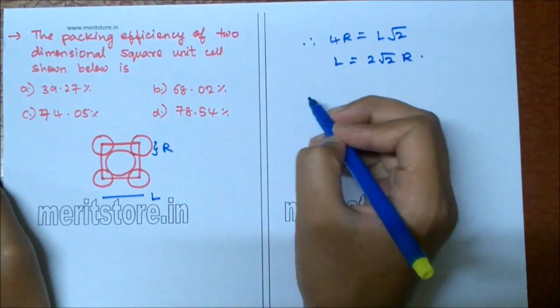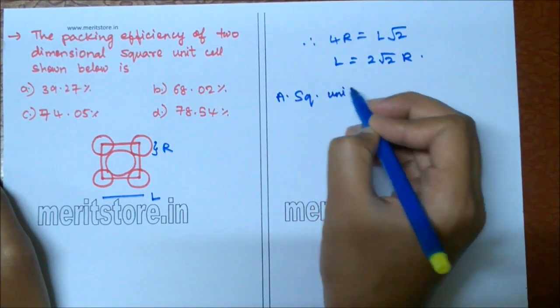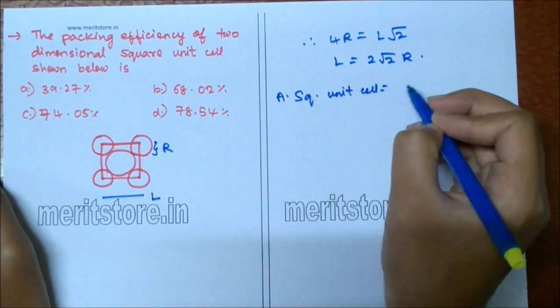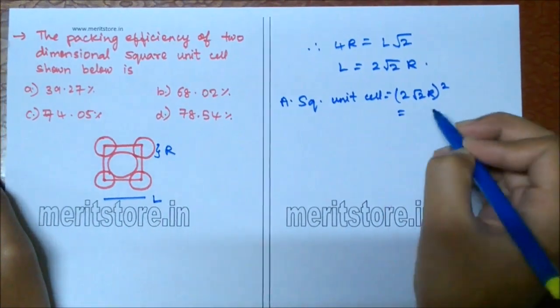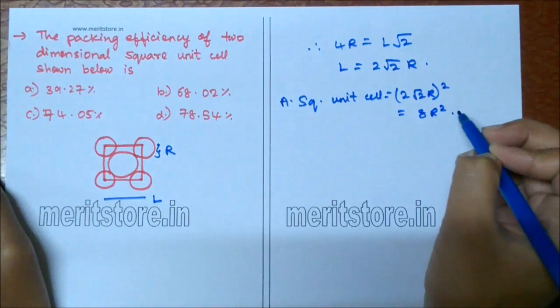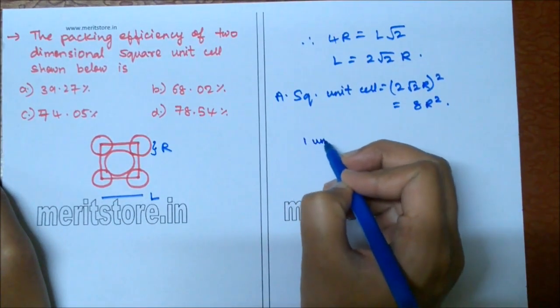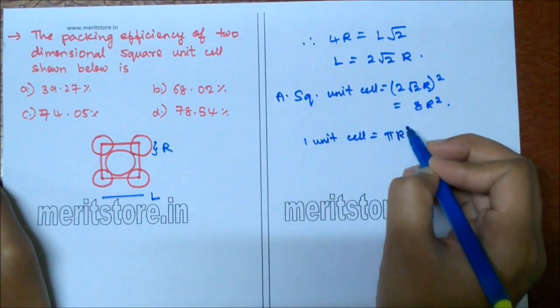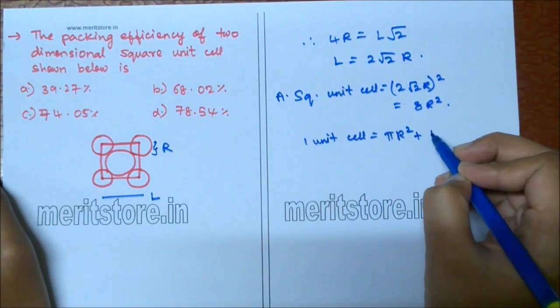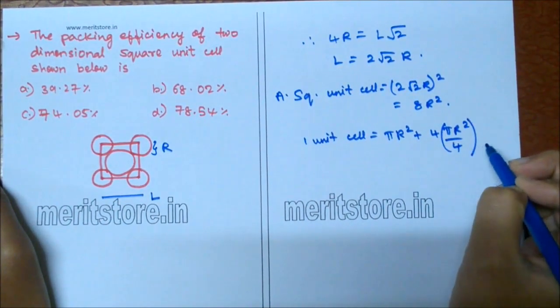Area of square unit cell is equal to (2 root 2 R) whole square, which is equal to 8 R square. Area of atoms present in one unit cell is equal to pi R square plus 4 pi R square upon 4.